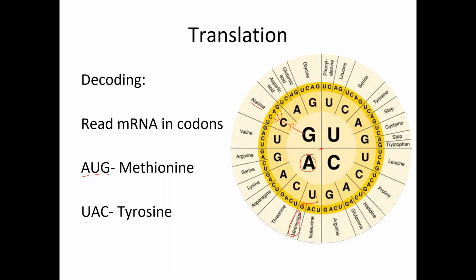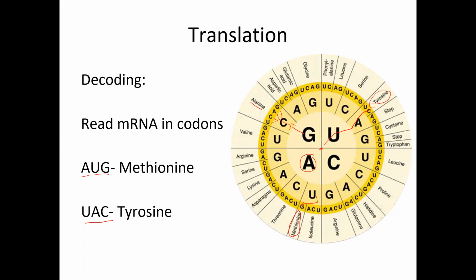Or if I want to do something like UAC, again, I start in the middle, I go to U, and then to A, and then to C, and I get tyrosine. So you follow the flow from the inside to the outside in an amino acid chart like this, in order for you to figure out what's going on inside of the cell.